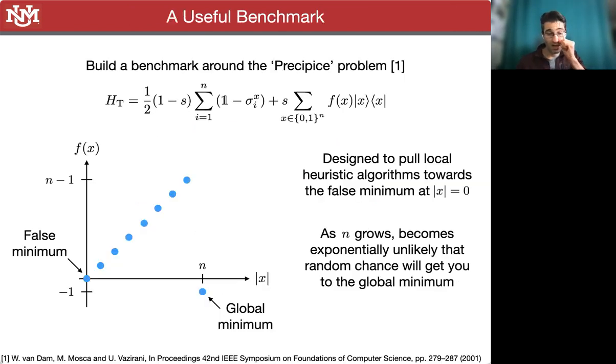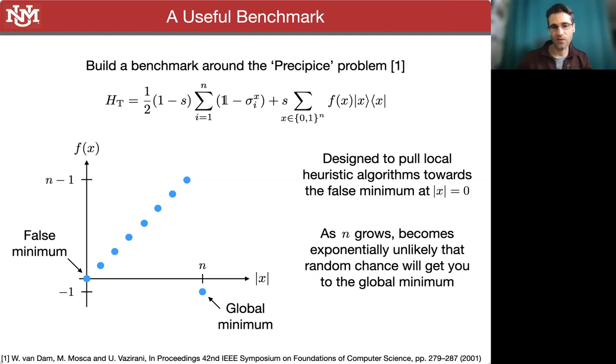So how are we going to benchmark this approach? Again, we're using inspiration from quantum annealing, and we're going to look at a problem that's very famous in quantum annealing, which is the precipice problem. Our target Hamiltonian is going to be this transverse field term plus this classical cost function, where we've picked the classical function to look like this.